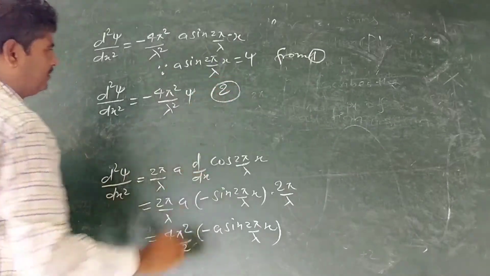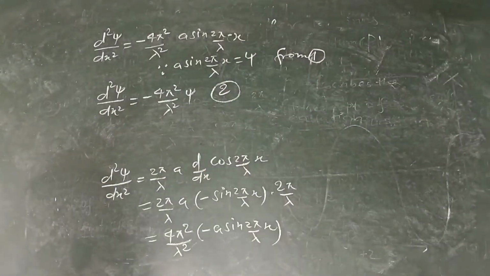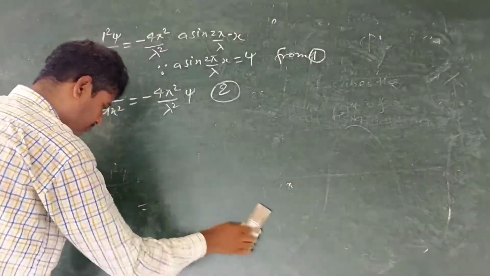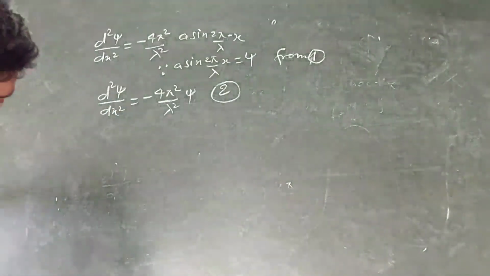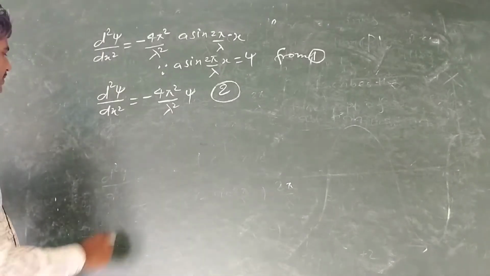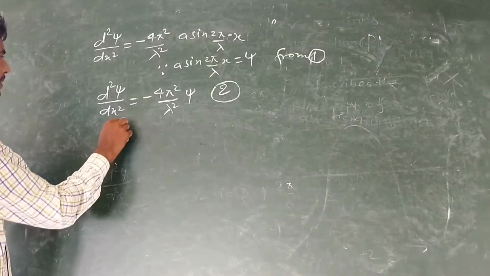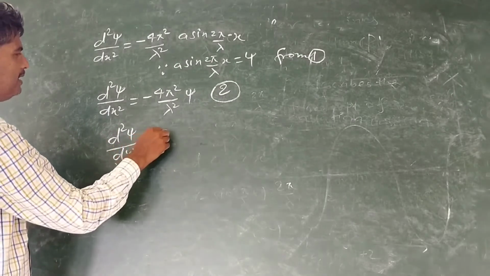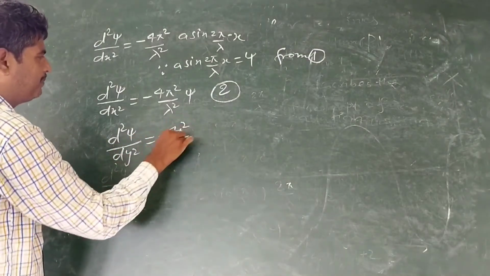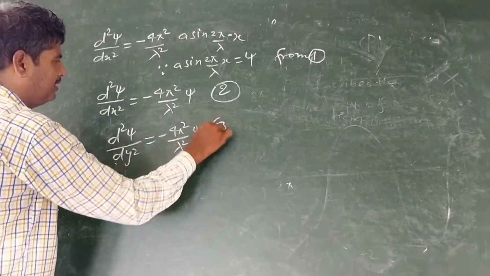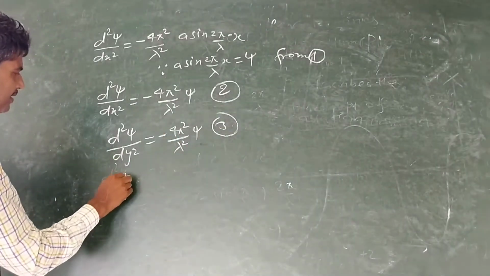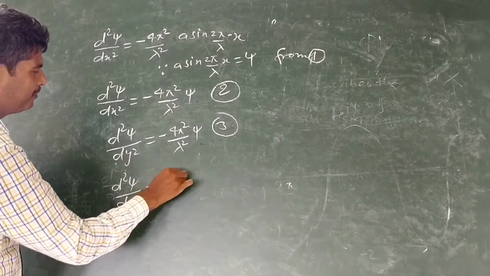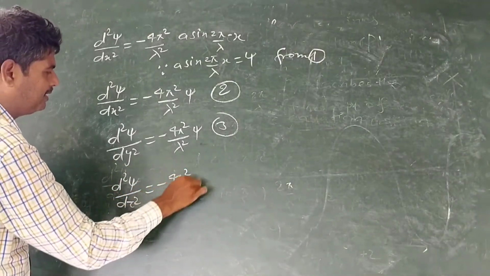This equation may also be given for the y and z axes. So for the y axis we may write d2 psi upon dy square is equal to minus 4 pi square upon lambda square psi. Similarly for the z axis, d2 psi upon dz square is equal to minus 4 pi square upon lambda square into psi.